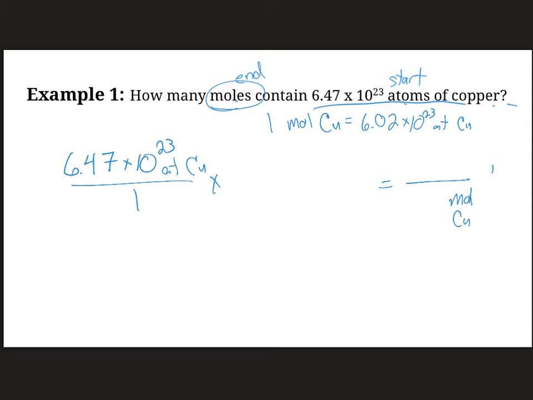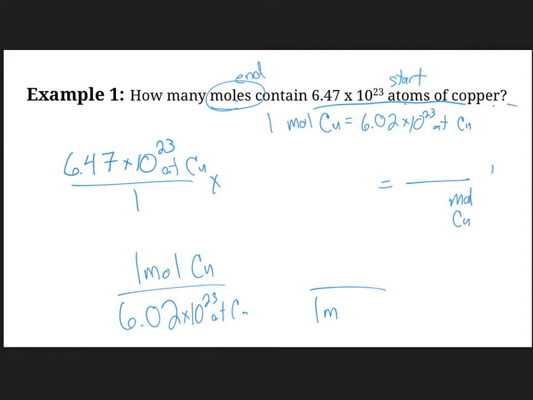Okay, so again, to figure out these two, the mole and the atom, I can either have 1 mole of copper over 6.02 times 10 to the 23rd atoms of copper, or I can flip them and have 1 mole of copper on the bottom, 6.02 times 10 to the 23rd atoms of copper on the top.